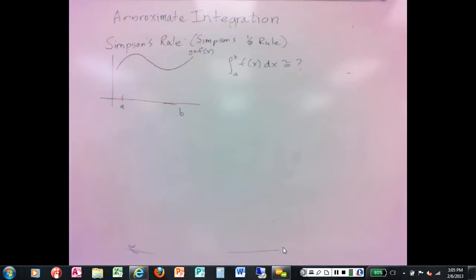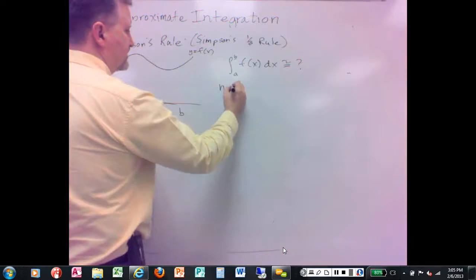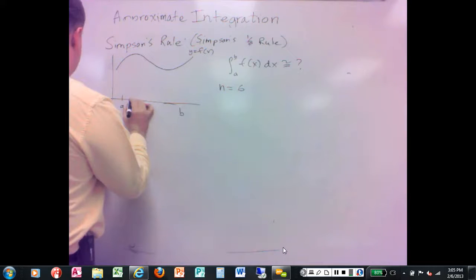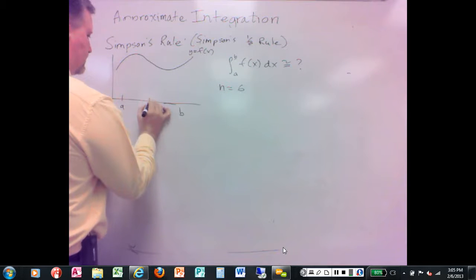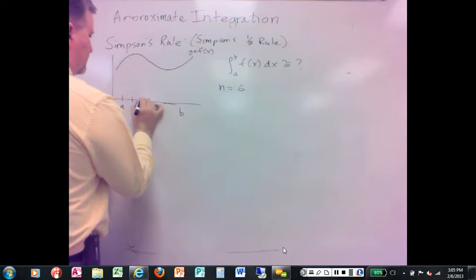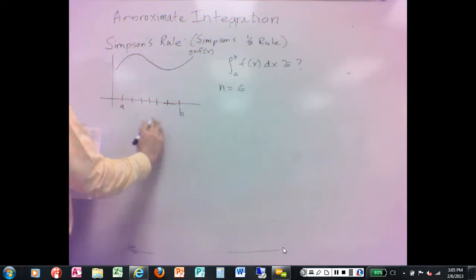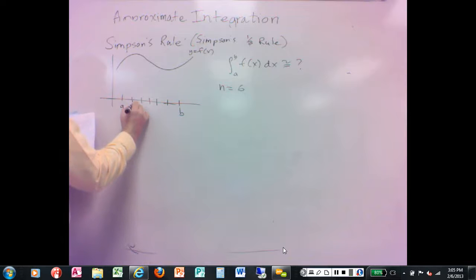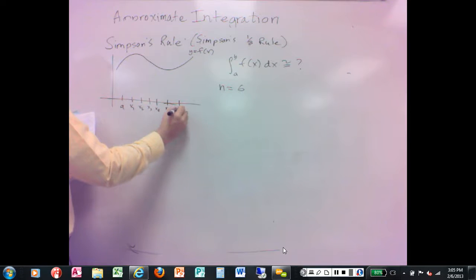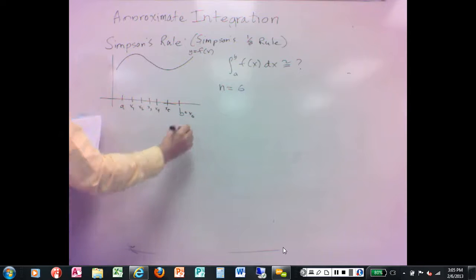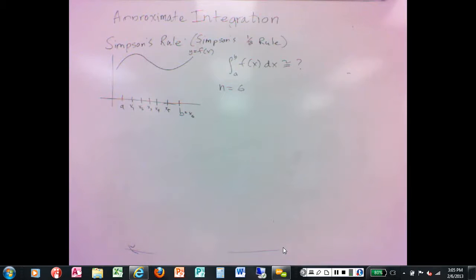Well, Simpson's rule, as far as the subintervals goes, let's say we use n equals 6. 1, 2, 3, 4, 5, 6. Okay. So we got n equals 6. X of 1 is here, 2, 3, 4, 5, and 6. Okay? That's all the same.